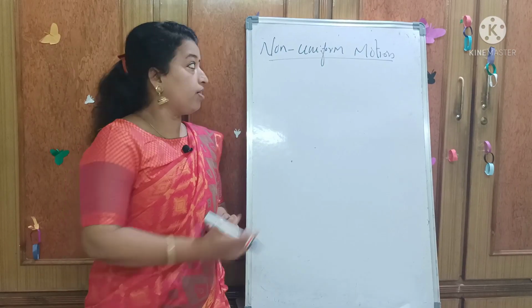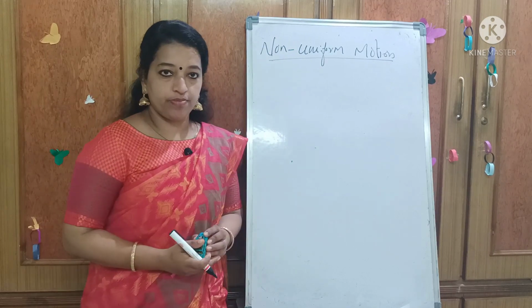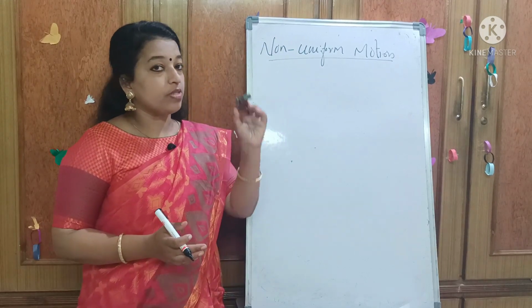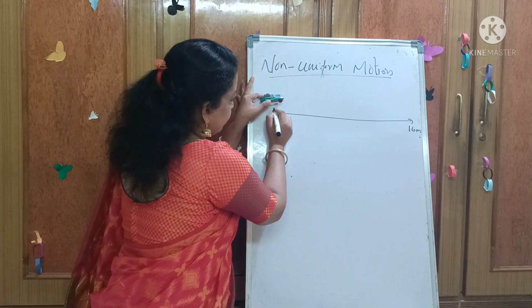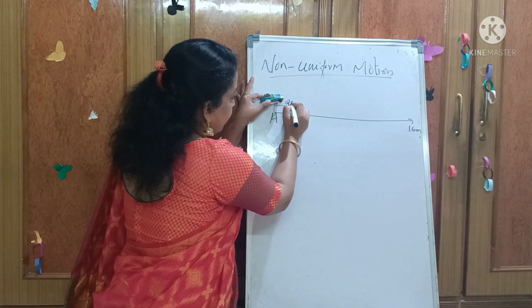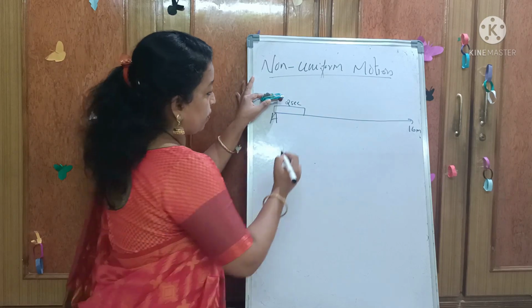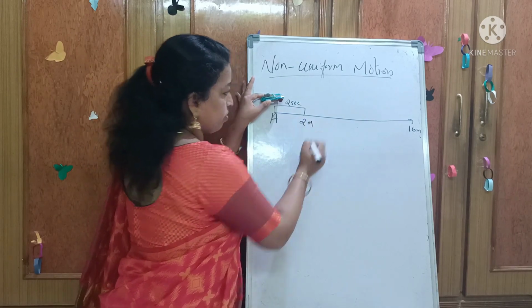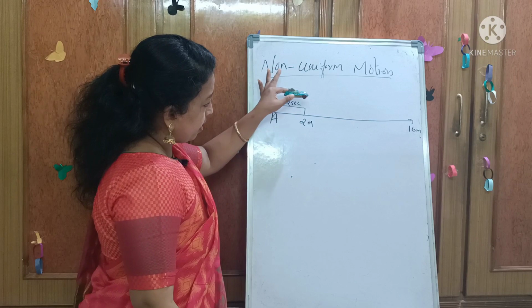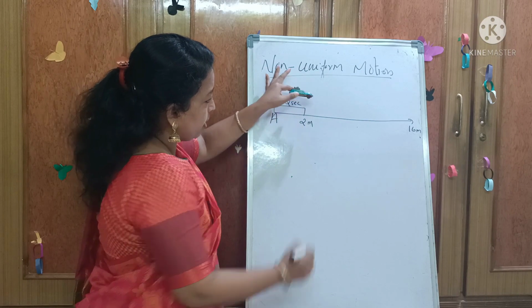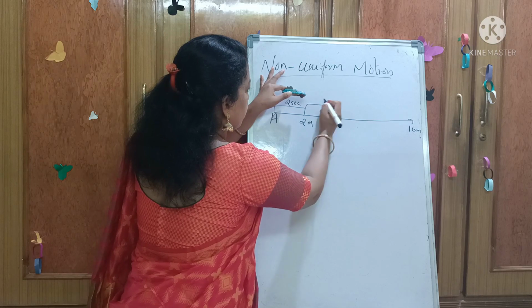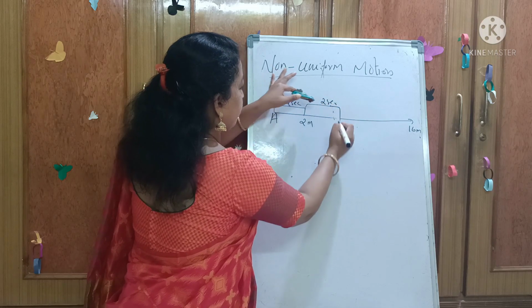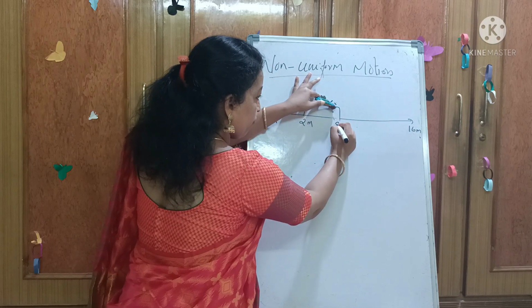Now we are going to learn non-uniform motion. Let's observe the movement of this car. In the first 2 seconds, the car covers a distance of 2 meter, so it reaches up to here. Next 2 seconds, it covers a distance of 8 meter.